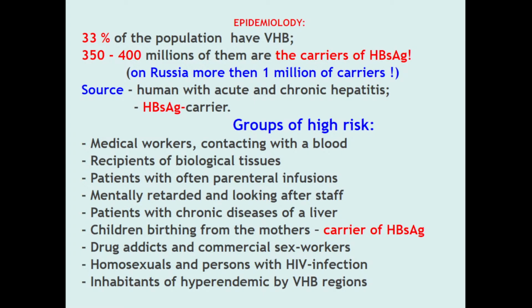Groups of high risk: medical workers contacting with blood, recipients of biological tissues, patients with often parenteral infusion, mentally retarded and looking after staff, patients with chronic disease of the liver, children born from mothers carrying HBS antigen, drug addicts and commercial sex workers, homosexuals and persons with HIV infection, if they don't use barrier contraception, inhabitants of hyperendemic by hepatitis B regions.